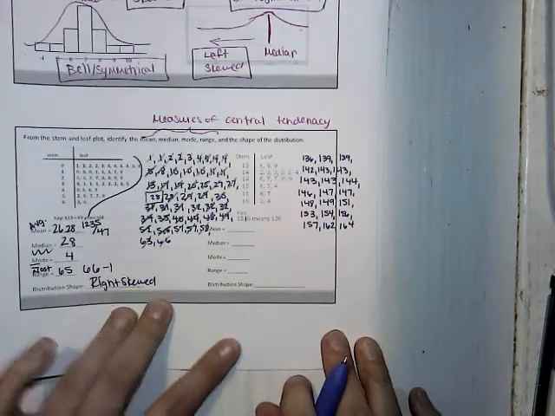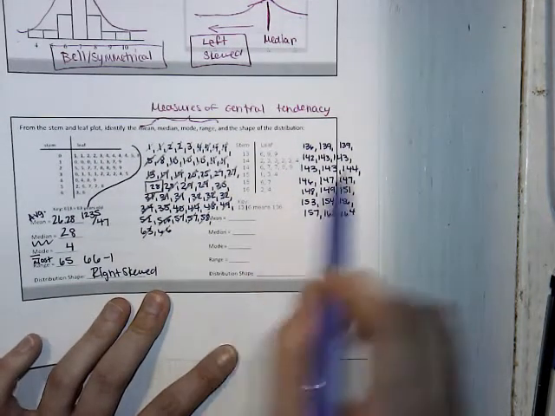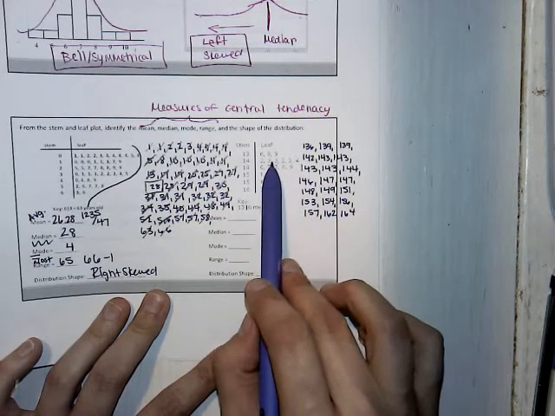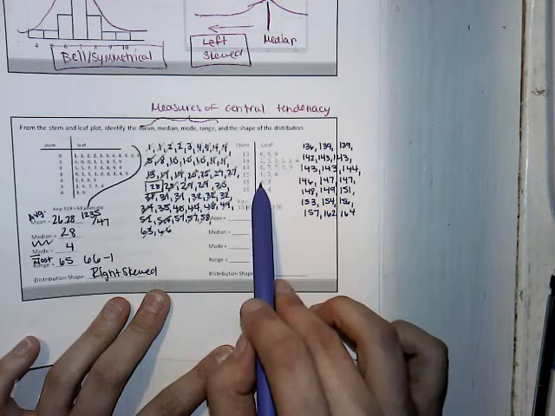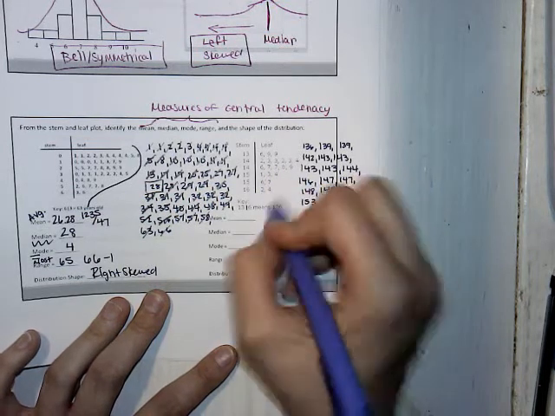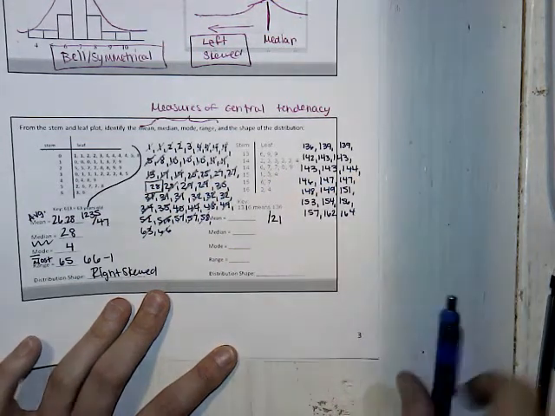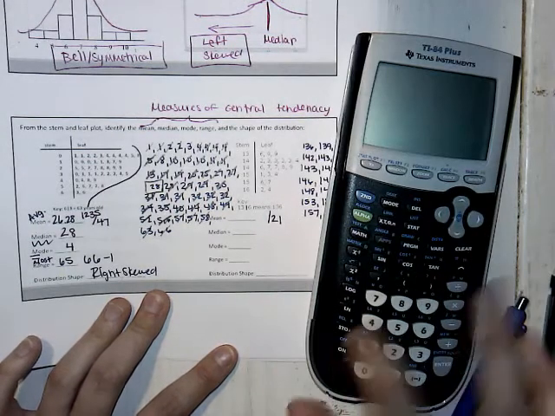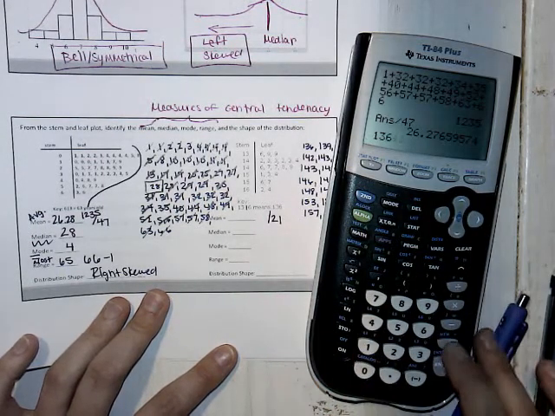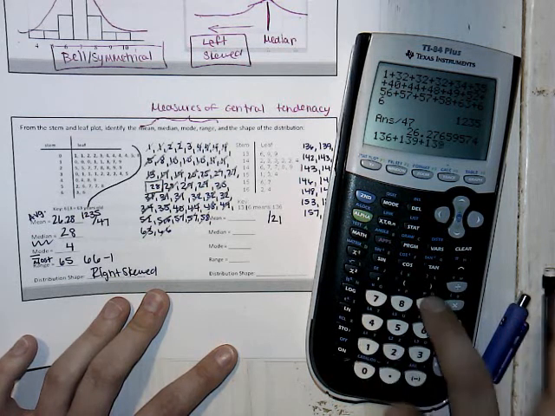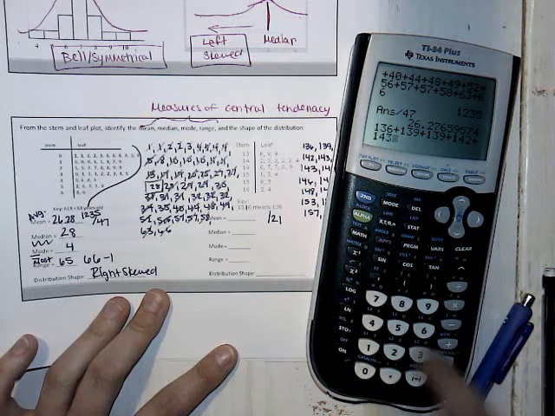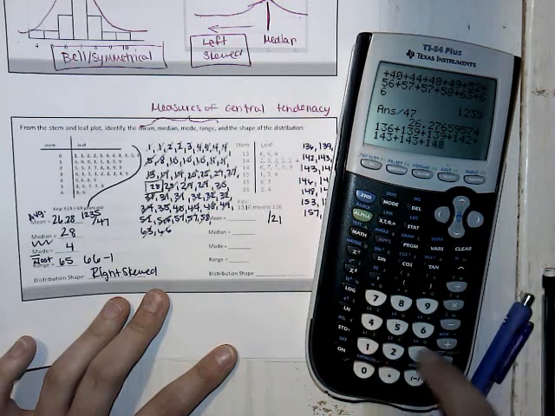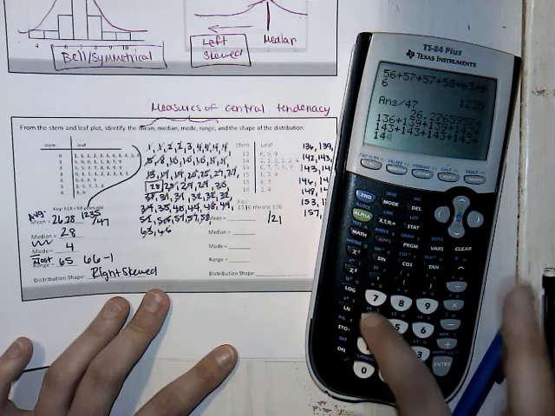So remember, when we're finding the mean, another name for that is the average. We need to know how many we have. So I have 3, 4, 5, 6, 7, 8, 9, 10, 11, 12, 13, 14, 15, 16, 17, 18, 19, 20, 21. So whatever I get, I'm going to divide by 21. So I have 136 plus 139 plus 139 plus 142 plus 143 plus 143 plus 143 plus 143 plus 144.